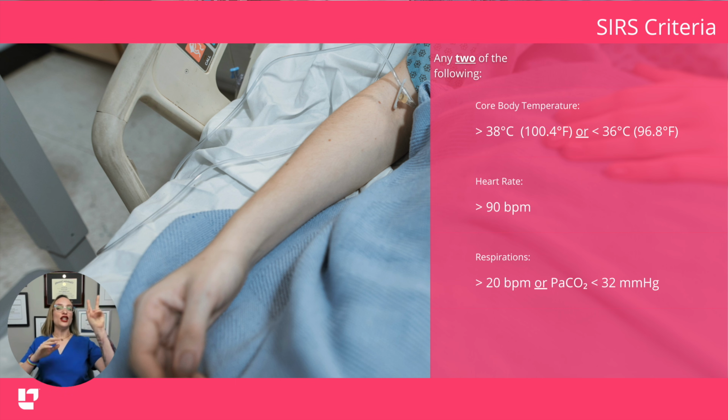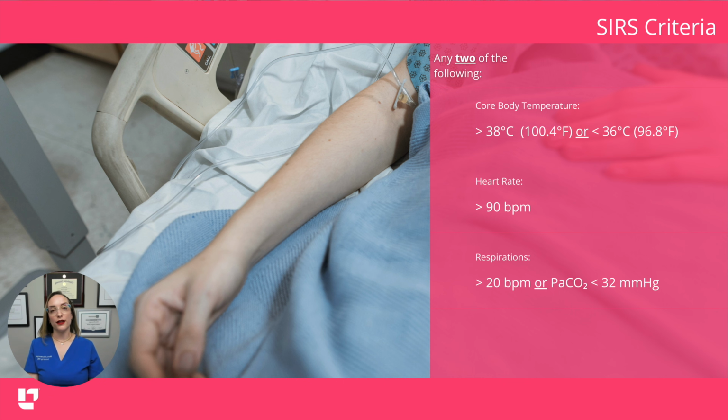Respirations. Two criteria here again, just like with temperature, it's an either or situation. If your patient's respiratory rate is greater than 20 breaths per minute, or the partial pressure of carbon dioxide is less than 32 millimeters of mercury, either one of those things is a positive SIRS criteria.